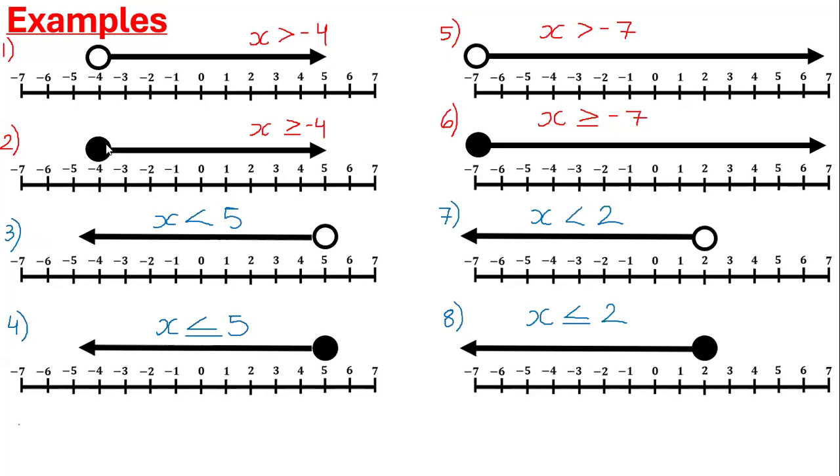So since it's shaded, you're gonna put the line underneath. So instead of just putting X is greater than -4, you're gonna put X is greater than or equal to -4. Does that make sense? Yes, sir. Good. And the same thing for 6. We're gonna put X is greater than or equal to -4. Why do we put the line underneath for number 6?